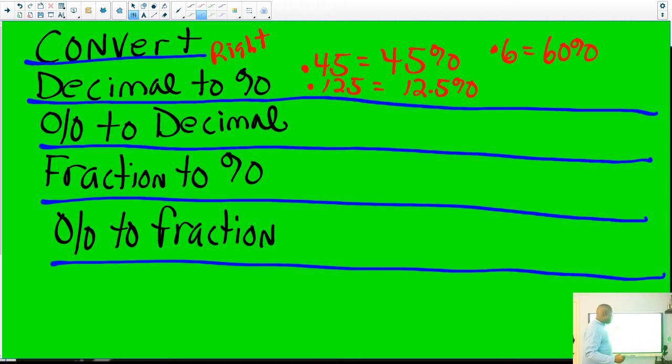I had to move it twice to the right. Or 0.212, that'd be 21.2%. You're just moving your decimal twice to the right.